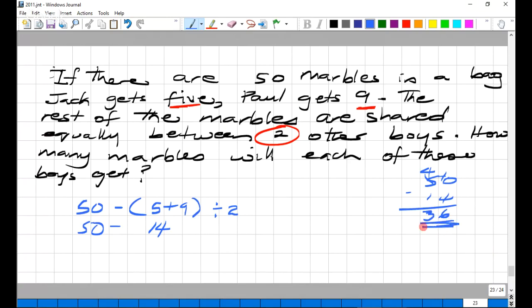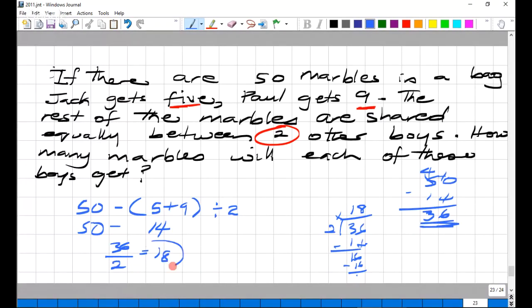Okay, but we're going too slow though. All right, so if I have 36 and then I divide that by 2, what should I have? Anybody? Sir, working it out. 36 divided by 2, sir, 18.